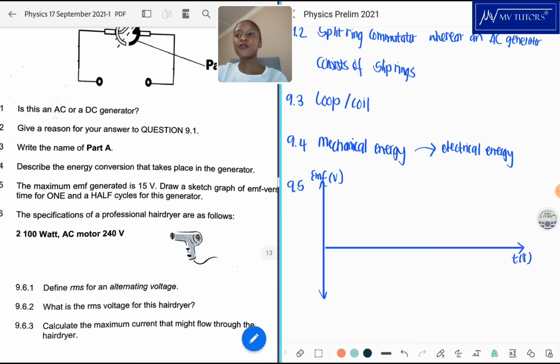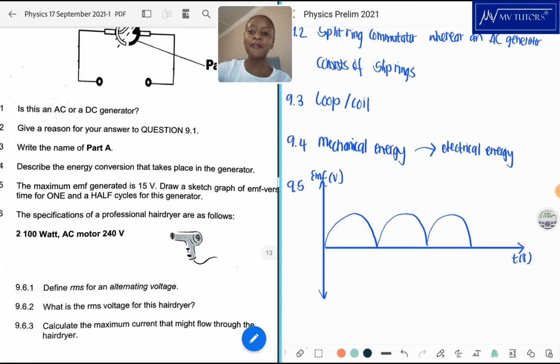Okay, so for a DC generator, 1.5 cycles. So this is half the cycle, another half, and another half. So 1.5.